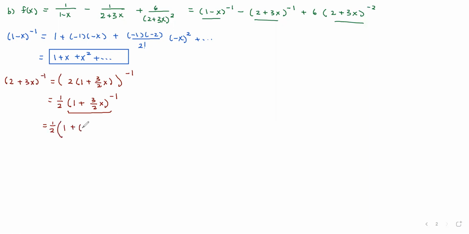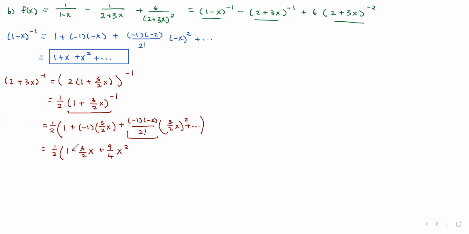We expand this part using the general binomial theorem. So 1 plus negative 1 times 3 over 2 x, plus negative 1, negative 2 over 2 factorial, times (3 over 2 x) squared. That is 1/2 times 1 minus 3 over 2 x, plus 9 over 4 x squared.